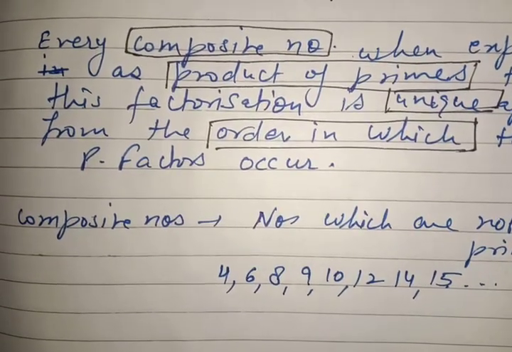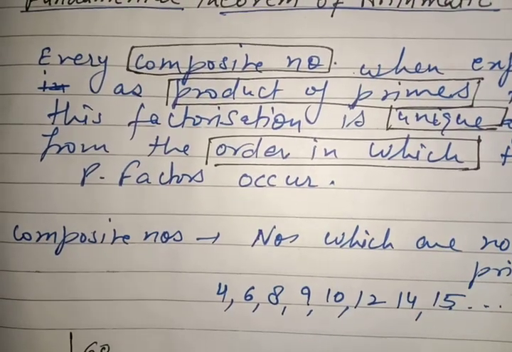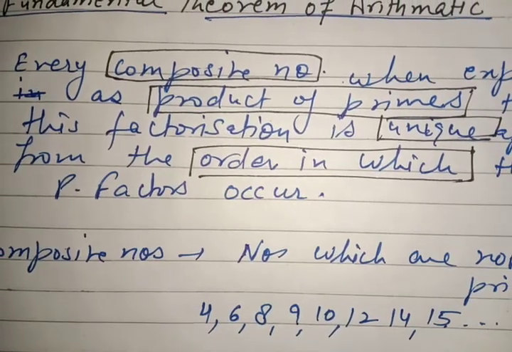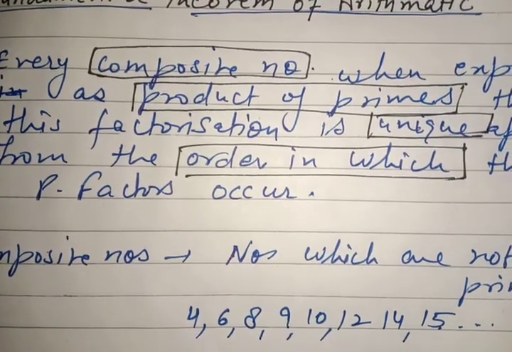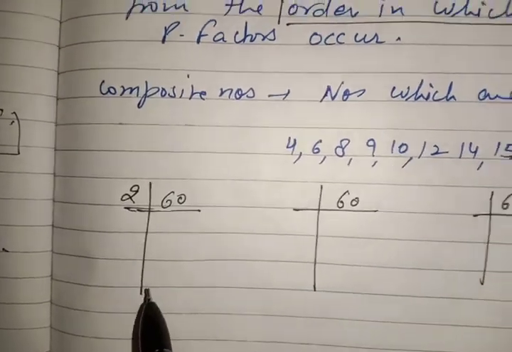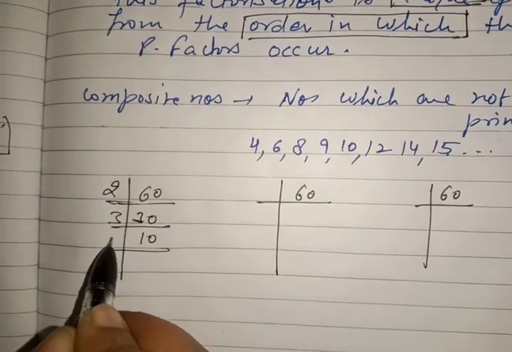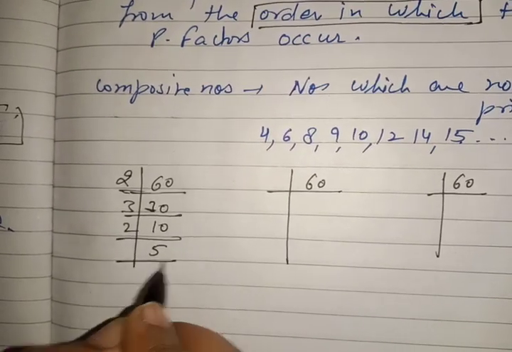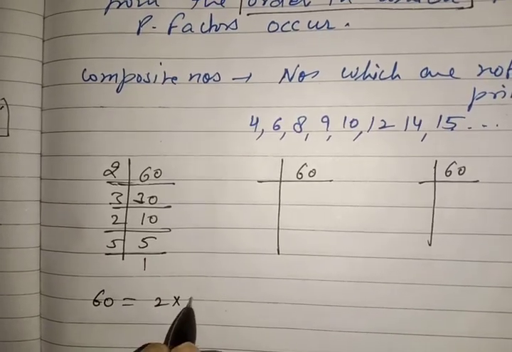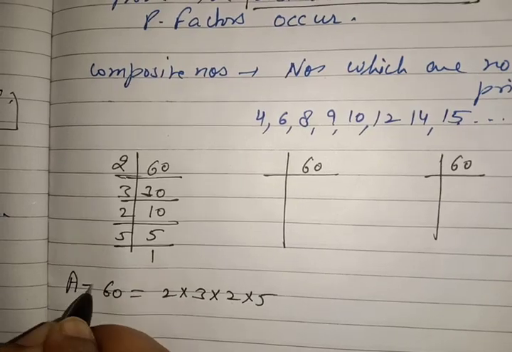So every composite number is clear, expressed as a product of prime. Suppose I give to find out factors of 60 to 3 students of the class. That find out prime factors of 60, 3 students. One student start with 2. Then that student write prime factors of 60 as 2, 3, 2, 5. Suppose this is answer of A student.